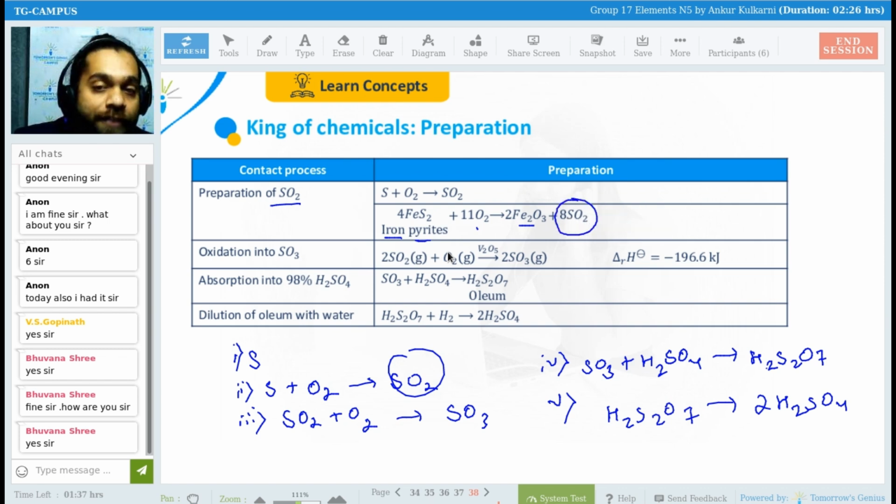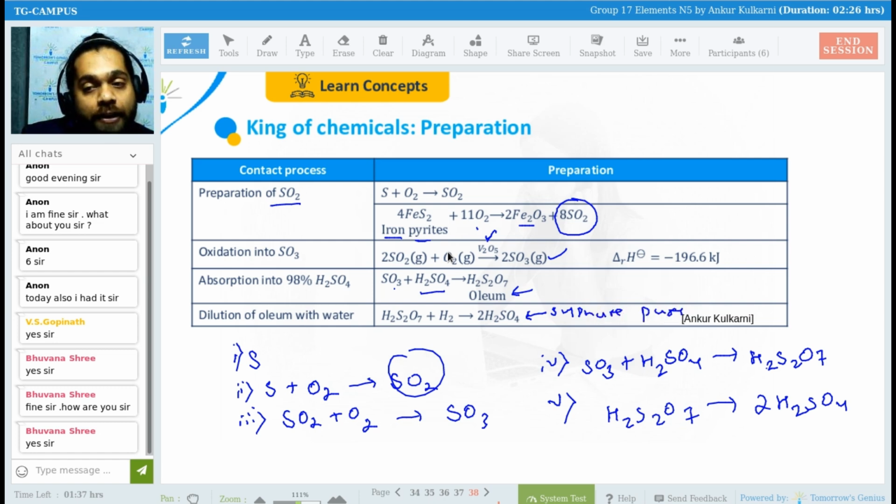We oxidize that sulfur dioxide using a catalyst into sulfur trioxide. That sulfur trioxide is absorbed in sulfuric acid, converted into oleum, and then we decompose it to get the pure sulfuric acid.